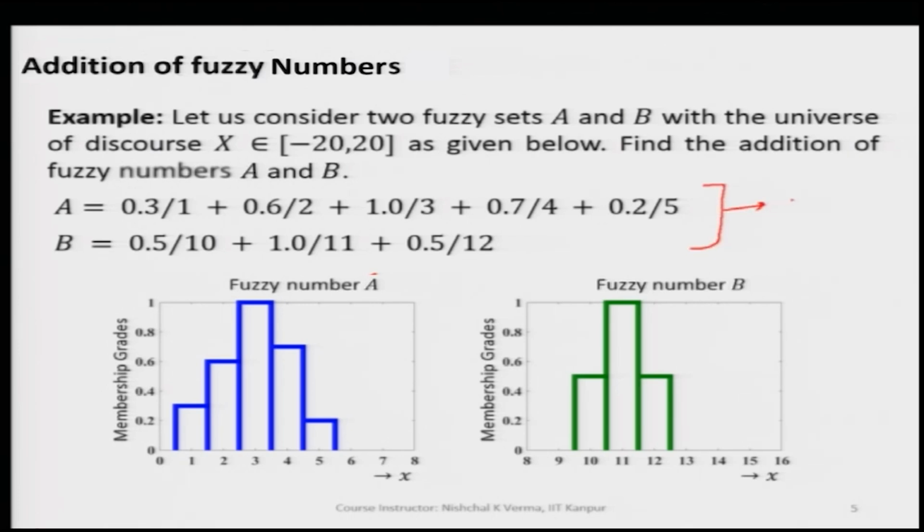I will write here the discrete fuzzy sets, because although this is a fuzzy number, finally it is a fuzzy set, a discrete fuzzy set. So, these two are discrete fuzzy sets.